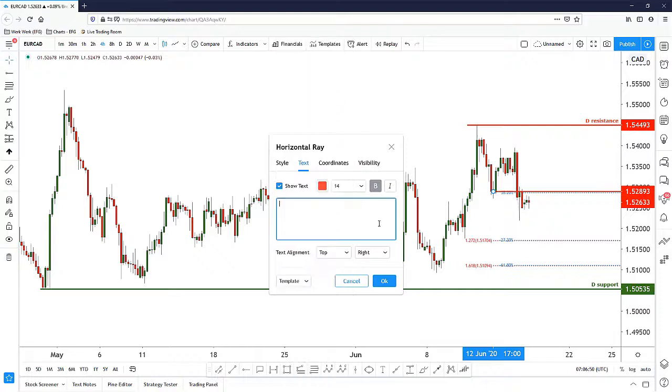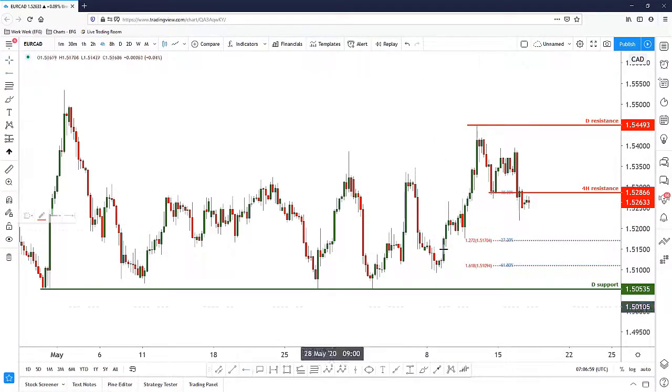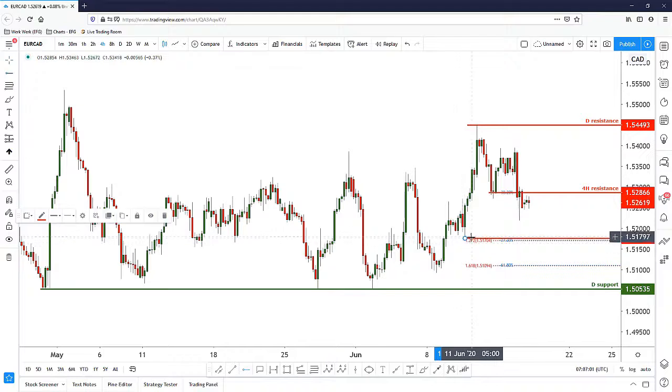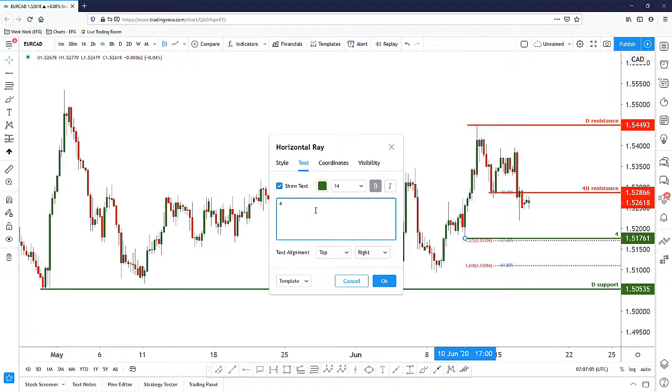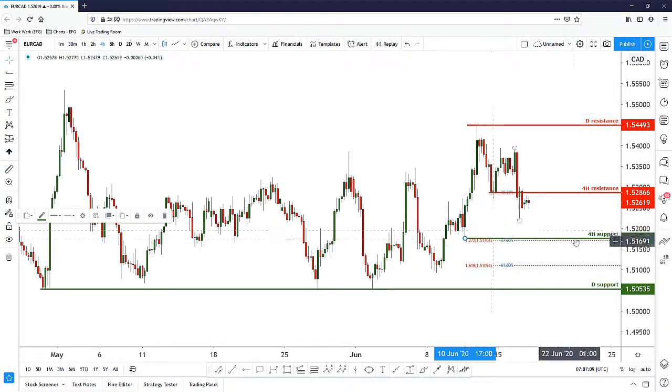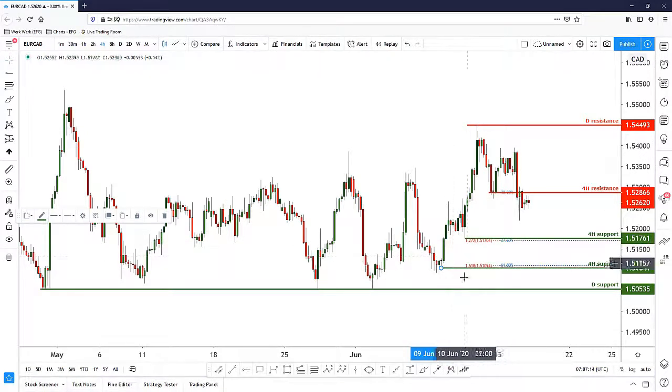So this will be my 4-hour resistance. And of course, we can have an intraday target here, and a second one here. So this seems to be building up to be a very nice level.